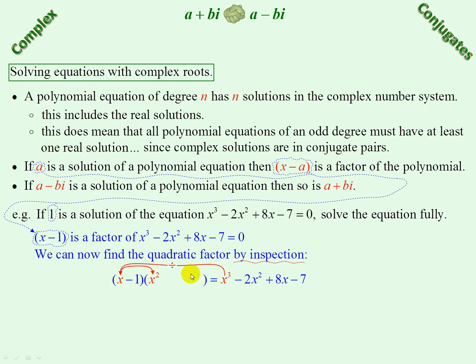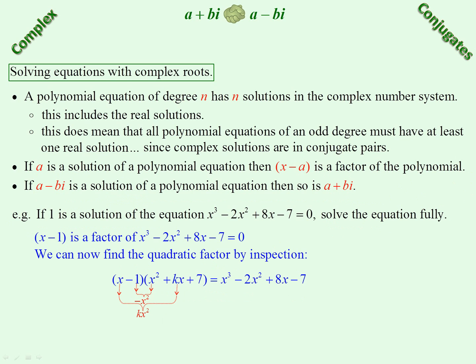And the same thing's going to happen with this and the end term there. If we divide negative 7 by negative 1, we get plus 7. So we have an x squared on the one end and plus 7 on the other. The middle is a bit of a mystery. We're not quite sure. So we'll call that k for now.